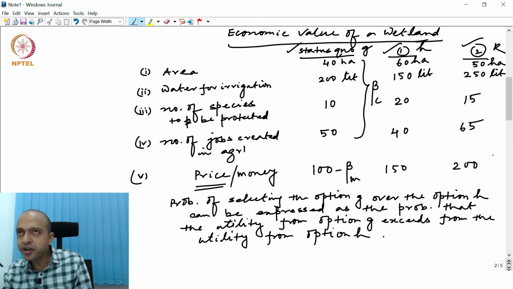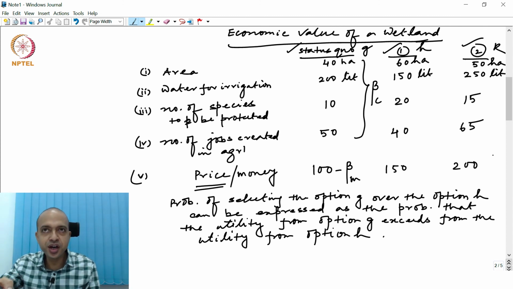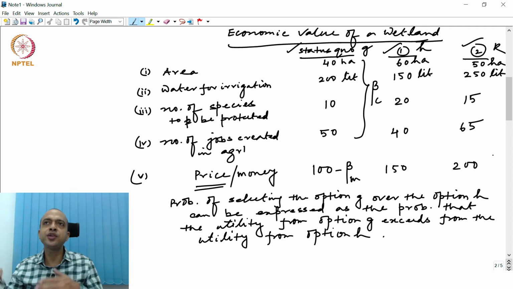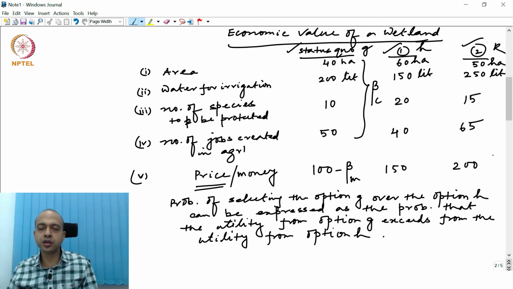And econometric estimation basically depends on whether you include only the choice specific data, that means what is the area, what is the water for irrigation, what is the number of species, and so on, or you also include the individual specific data in the model. I will give you a special lecture on the econometrics of the choice experiment, particularly the conditional and multinomial Logit model, so that you can understand the estimation also.